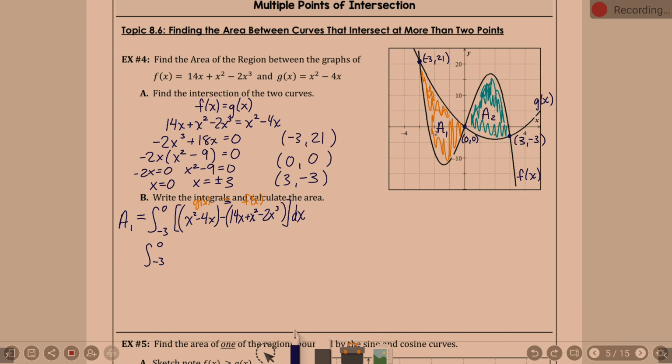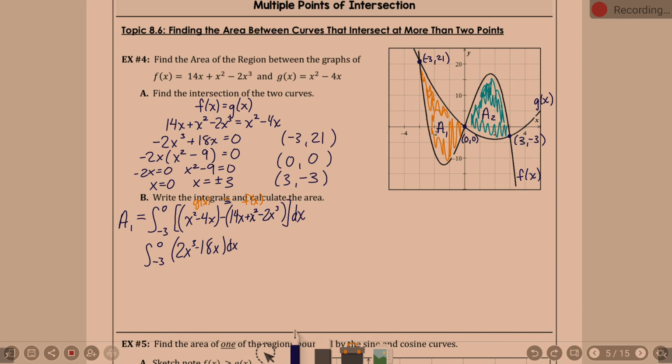Negative 4x minus 14x is negative 18x, and we're going to have plus 2x cubed. Are you saying you want to do 2x cubed and then minus 18x? Yeah. And does it matter? It might matter for you personally, but it does not technically matter.